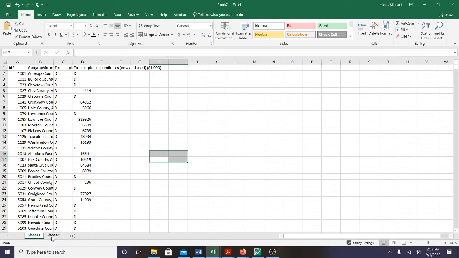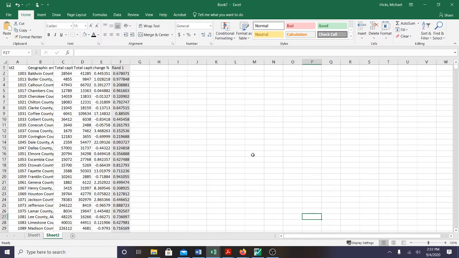To save time, I've done that already. So I've eliminated all the suppressed data elements for both 2002 and 2007 total capital expenditures. And then I've just measured the percentage change over that time. Those are capital investments in each of those 2 years.